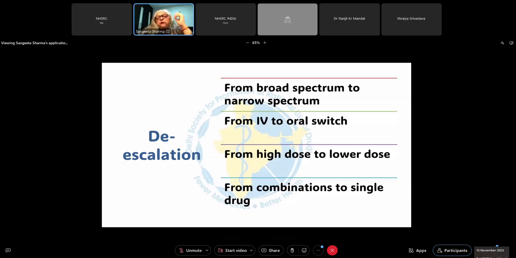But after 48 hours, because the broader the spectrum, as I said, they will cause more damage also to the body. For example, as they kill both, they cannot differentiate between good bacteria and bad bacteria.